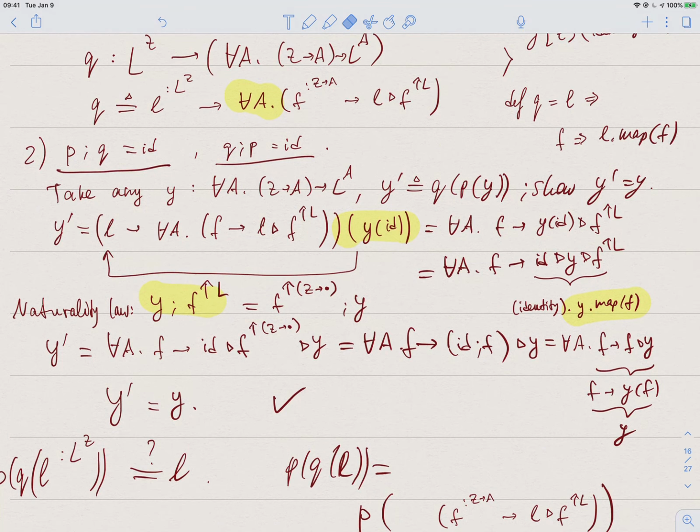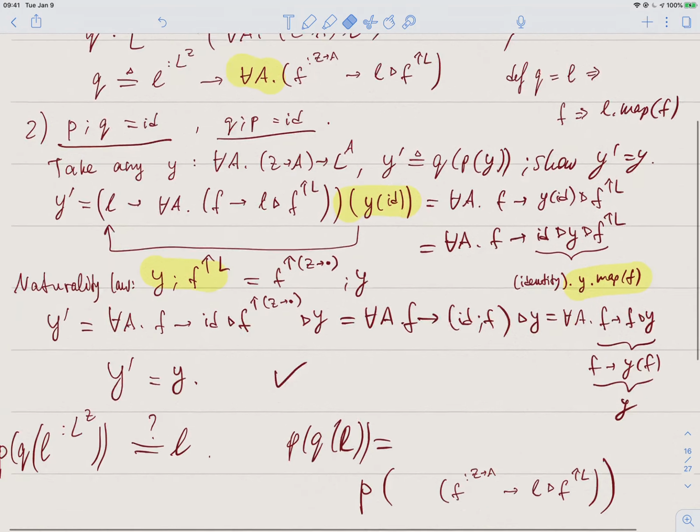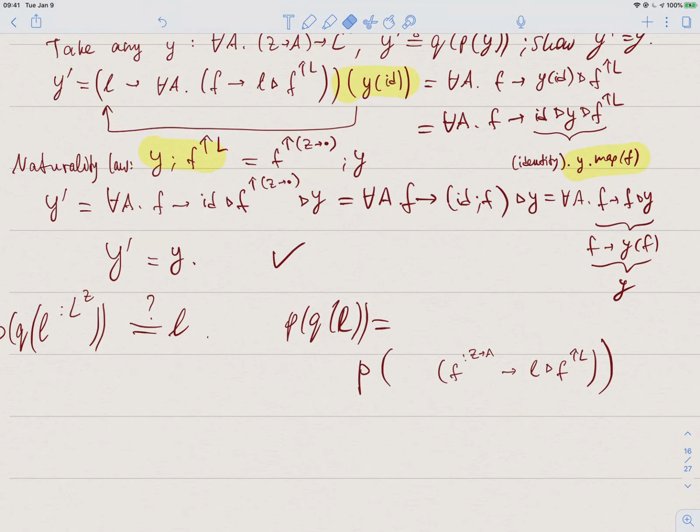P of this, by definition, we have defined as this function. So we need to apply this function to identity. So this is F going to L, FL, applied to identity.